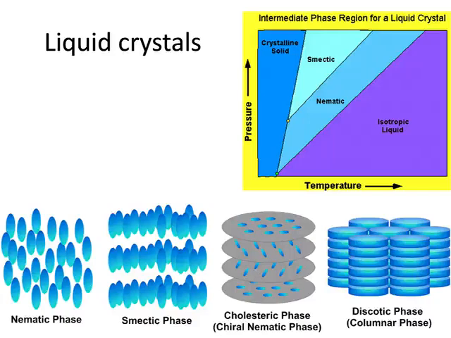Now, more recently, in the 70s and 80s, there was a lot of interest in liquid crystals, which are elongated molecules that in some phases can be isotropic liquids. So at higher temperature, these molecules will just behave as liquids.